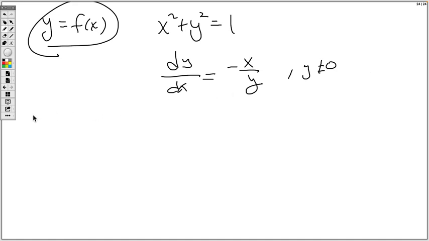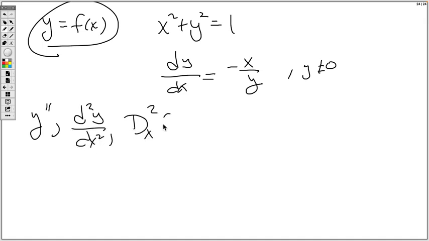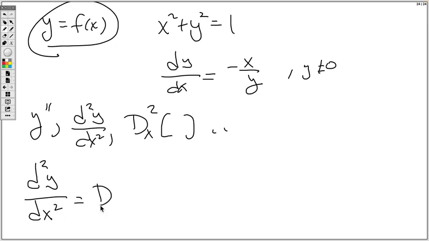So just a little reminder here of some different ways to denote the second derivative. You could have y double prime. You could have d squared y dx squared. These are all ways to denote the second derivative. Right? So the way you get the second derivative is you take the derivative of the what? First derivative.